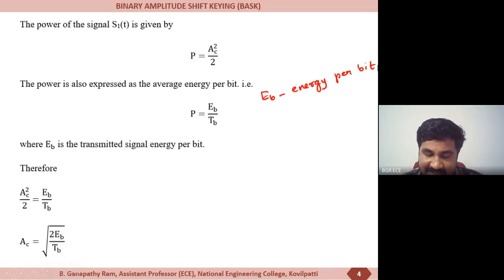The average power is attained by dividing Eb by Tb, where Tb is the bit duration.